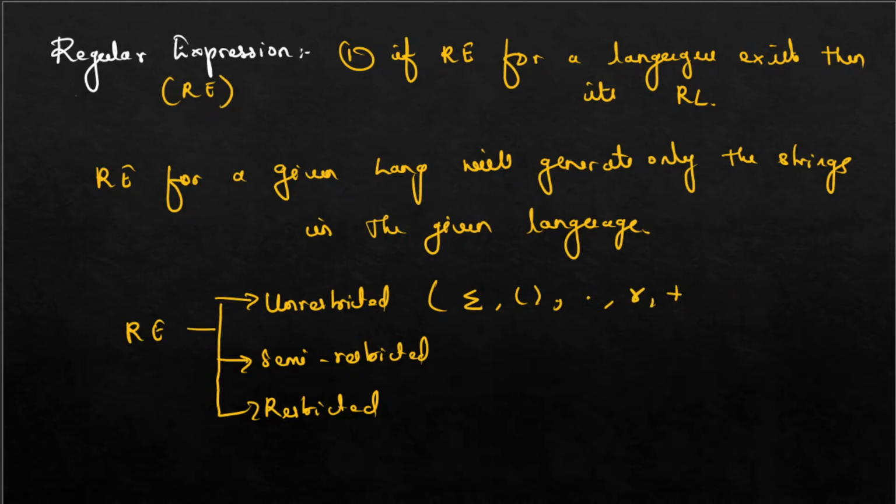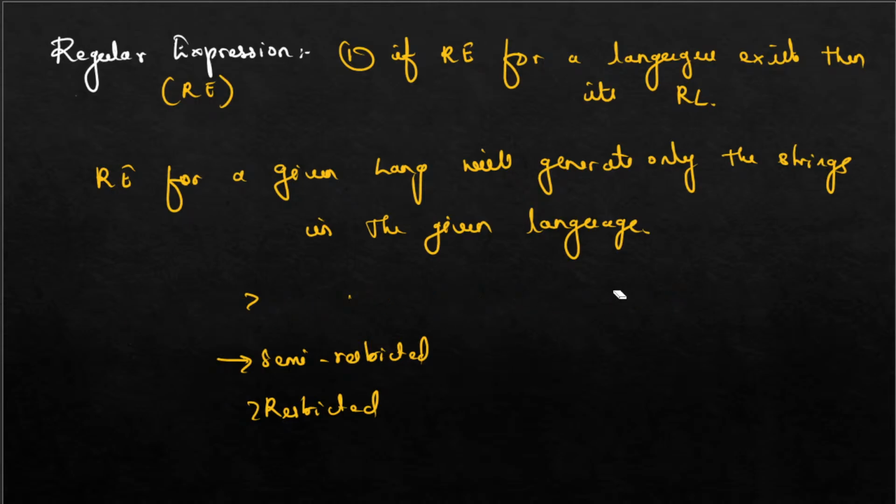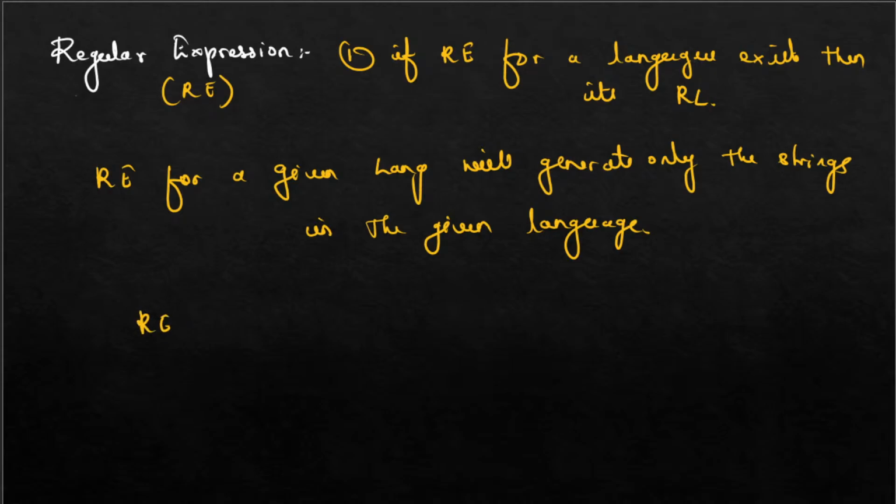Actually this is out of syllabus, so let's not discuss this. There is no meaning of discussing this. I thought too, but let's see, what's in the syllabus? RE, which is restricted. Let's learn this. Unrestricted and semi-restricted are not in the syllabus. Restricted is there, so let me explain that.